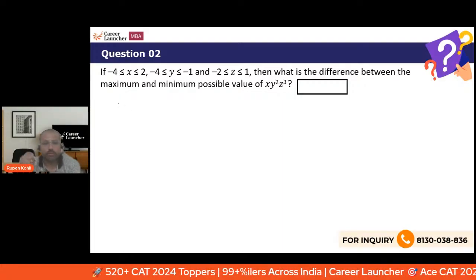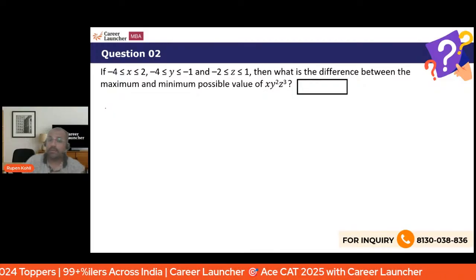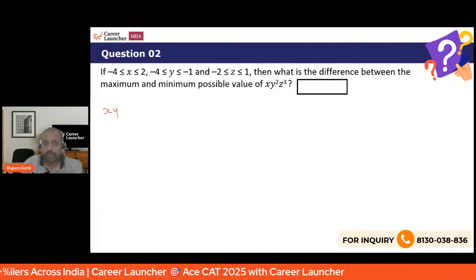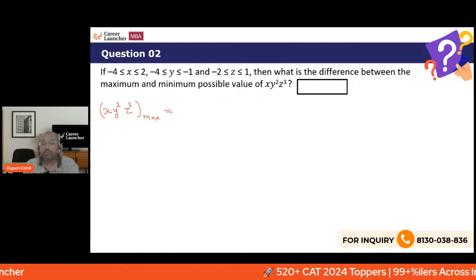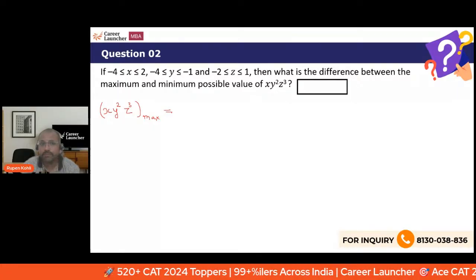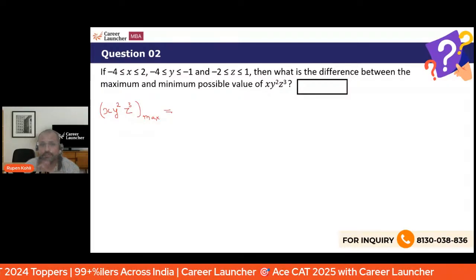So what should be the thought process on this kind of optimization? We have to both maximize and minimize this, right? To maximize the product, we should be thinking of taking the highest possible magnitude of the variables, and obviously we should keep the product eventually positive.